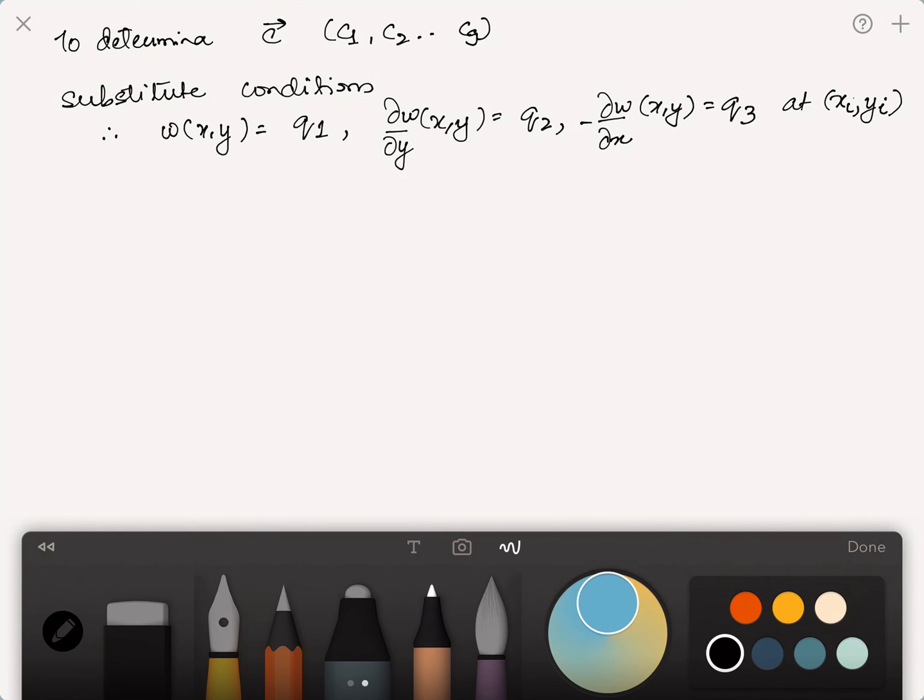Okay, that's the condition. The second condition will then be equal to Q4, this is Q5, this is Q6 at x_j, y_j, and then you will have Q7, Q8 and Q9 at x_k, y_k. So we will have 9 different equations.